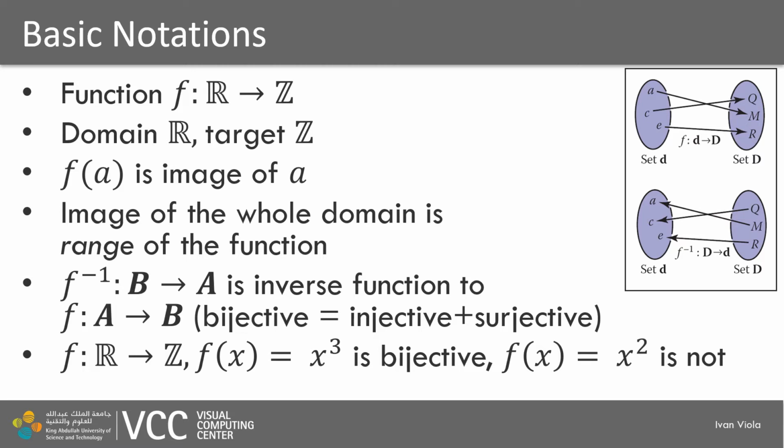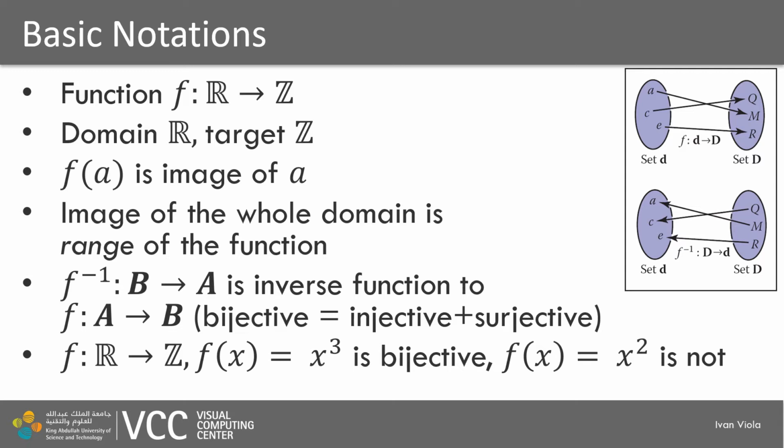For example, our function f from A to B would need to be bijective. A bijective mapping means that the function is injective, and at the same time it is surjective, which are two other properties which need to be fulfilled for a function or mapping to be bijective.